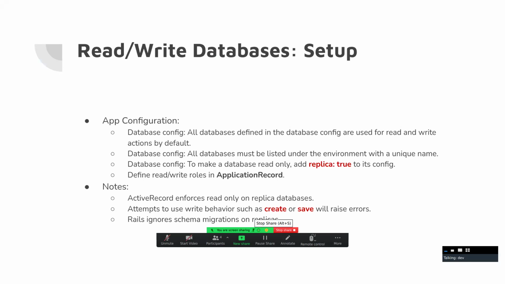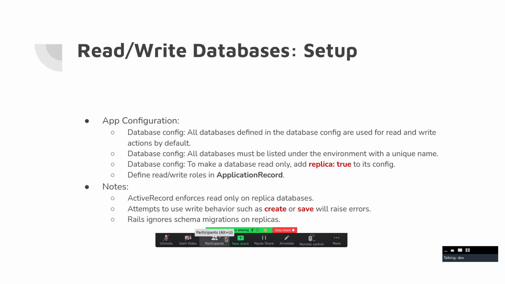If you're using multiple databases, you have to give them all unique names. So in our example, we had primary and primary replica, or shard1, shard2 for the write. To make a database read only, you set replica true, and then you have to define your roles in application record.